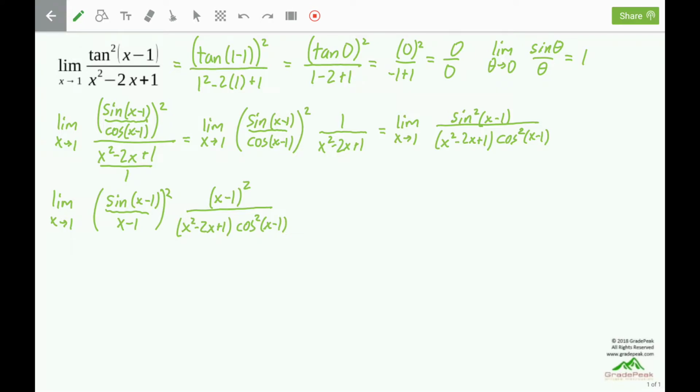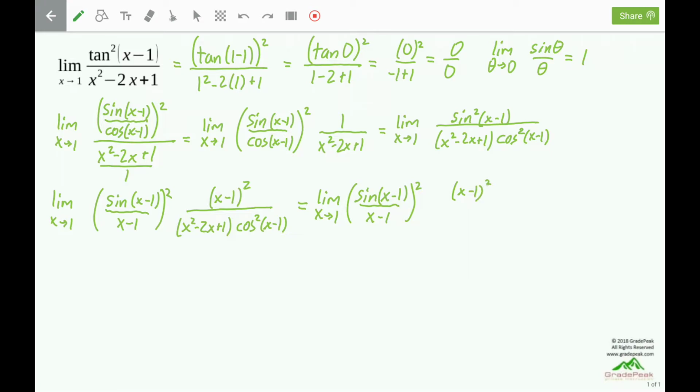The second fraction, however, is 0 over 0 because we have power functions and both of those are making zeros. And we're going to need to therefore work with those power functions, which the method for those is the factor and cancel method. So we're going to have the sine of (x minus 1) over (x minus 1) quantity squared. We'll leave that alone.